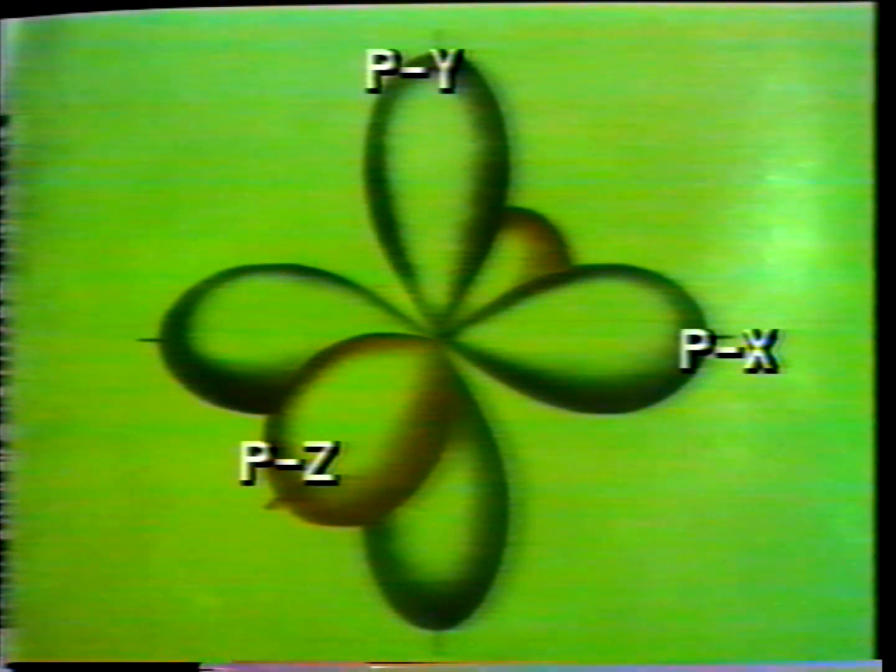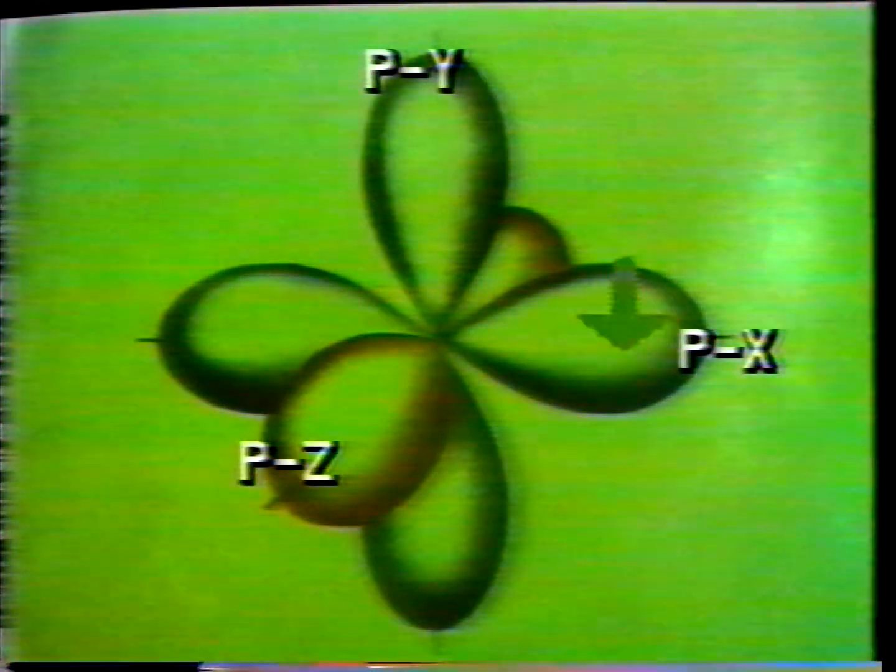The first 3 electrons would enter as unpaired electrons and all spin in a clockwise manner. One would spin in each of the separate orbitals: 1 in the p sub x orbital, 1 in the p sub y orbital, 1 in the p sub z orbital. The next 3 electrons would enter and pair the single electrons, spinning in a counterclockwise motion.